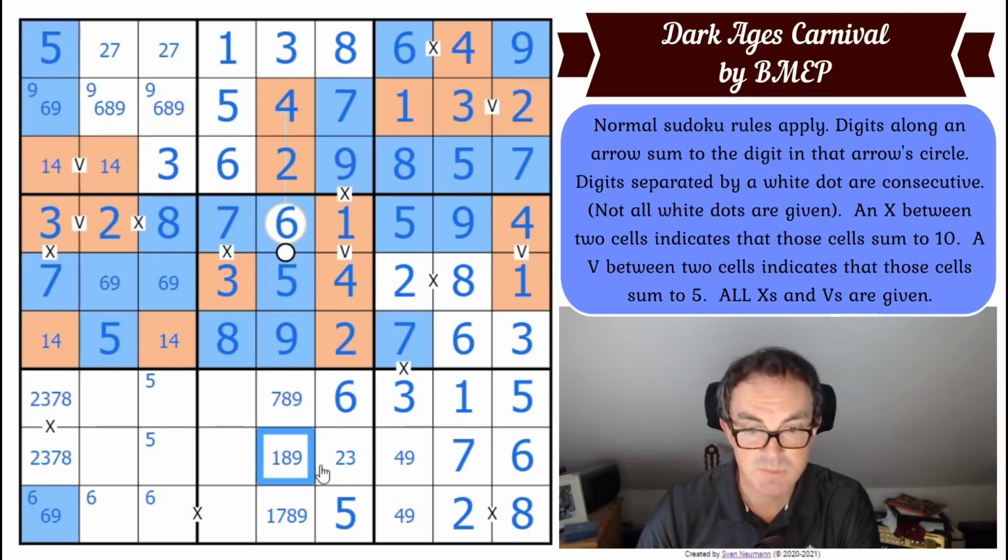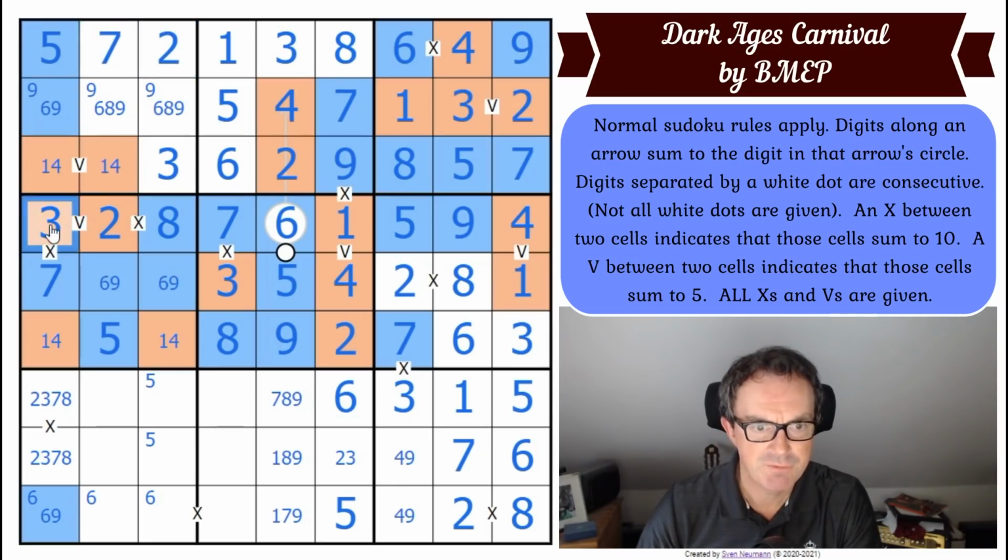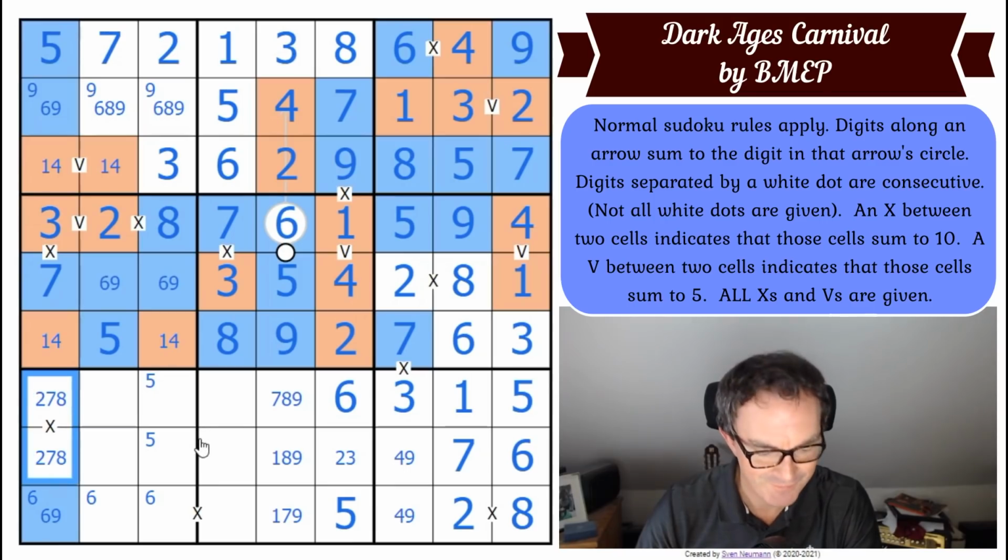So let's tidy up some pencil marks over on this side and see if we can keep going. We've got this 2, yeah, that's doing some stuff. This 3 is doing some stuff. And yeah, nearly, but not quite, it seems.